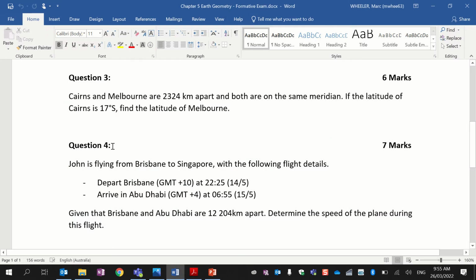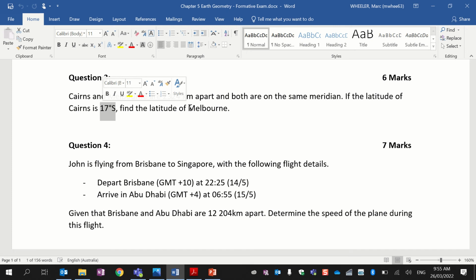Knowing that, we can go back to the question. It says that Cairns is 17 degrees south. So what is the latitude of Melbourne? With a basic understanding of geography, you should know that Cairns is in Queensland and Melbourne is in Victoria, so Melbourne is further south than Cairns.